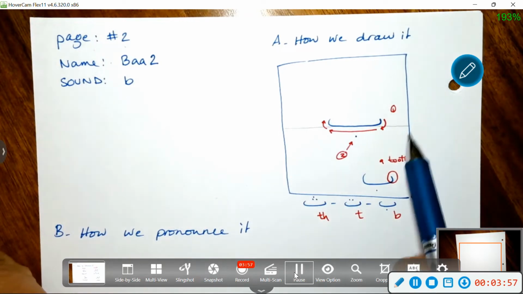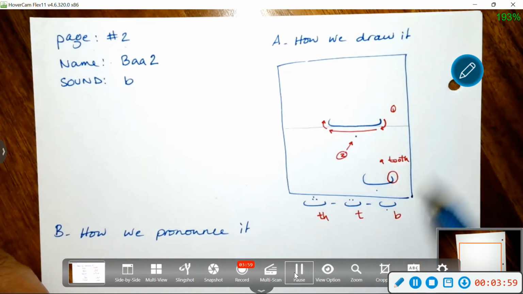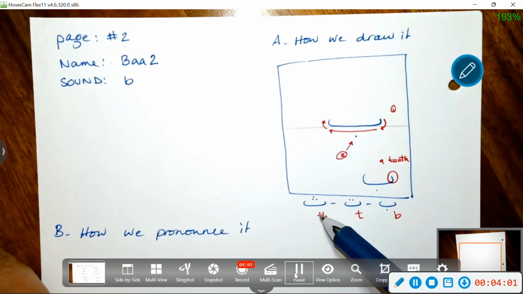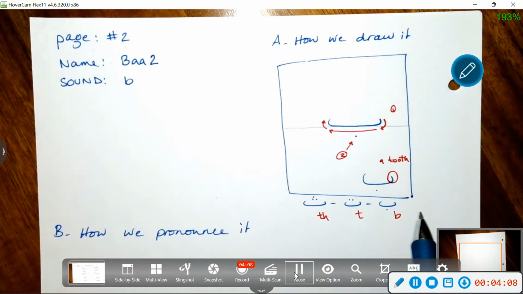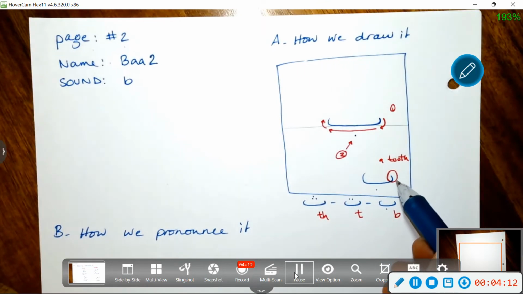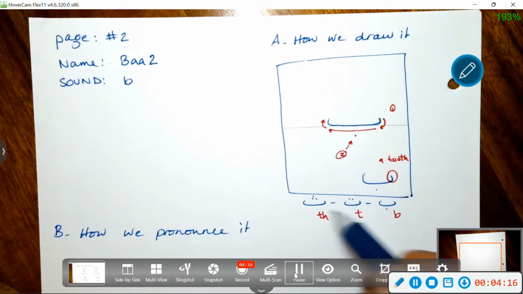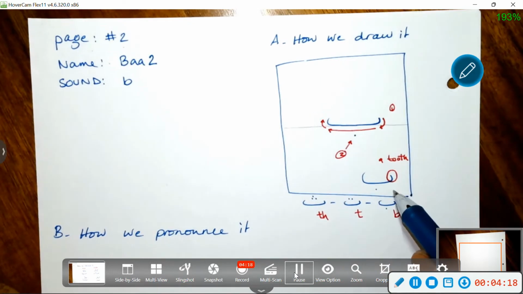So the way we draw Ba applies to Ta and Tha, and when we connect them, they work the same way. That's why it's important to recognize the tooth of the Ba, Ta or Tha, which we call in Arabic sin.